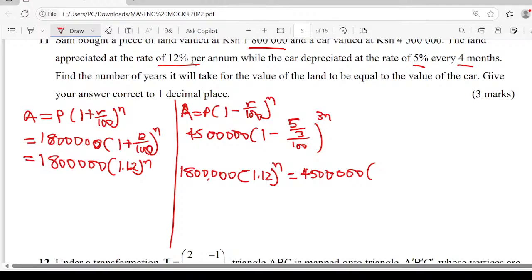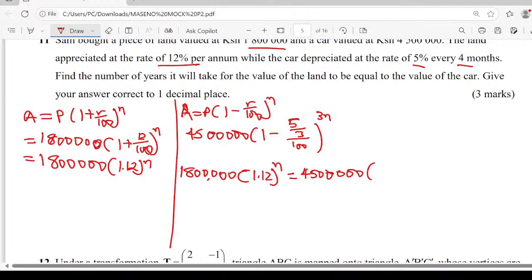When you work this out, what are we going to get?